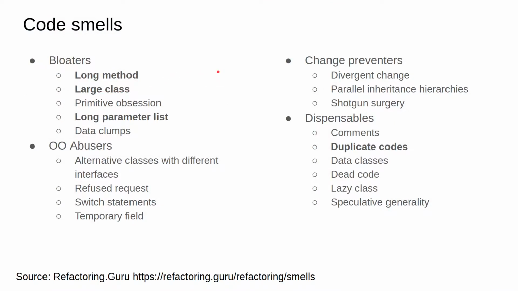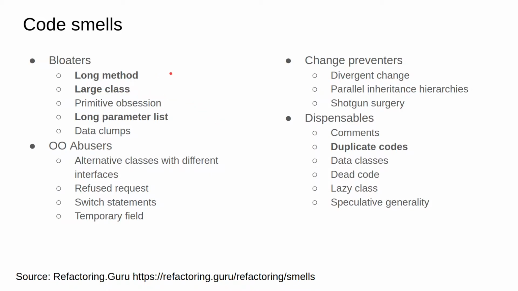Okay, so this is the list of code smells that has been collected. Some of these are not that hard to understand, but we will look at them in more detail later on. But many of them are about code that is kind of unreadable, like a long method.